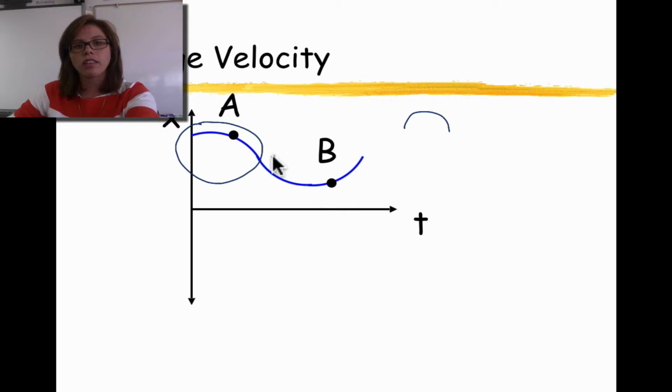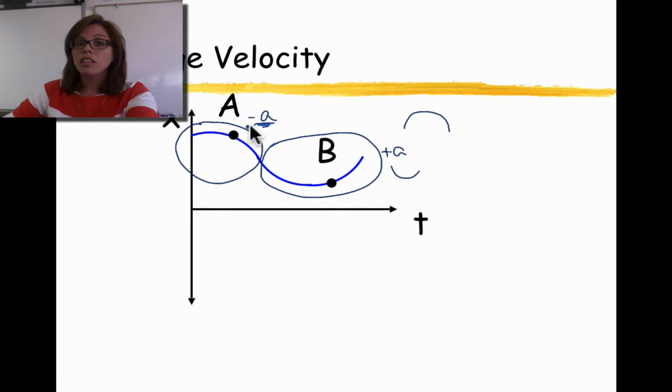And over here, the acceleration's positive, because it looks like a happy face. It's curved up, so it's positive acceleration. Now, negative acceleration doesn't necessarily mean slowing down. It just means that it's negative, and we'll discuss that at a later time.